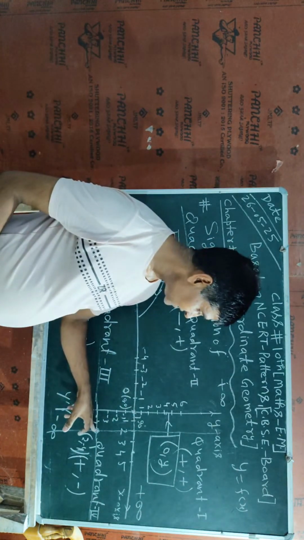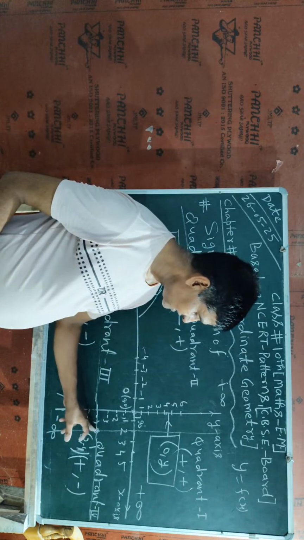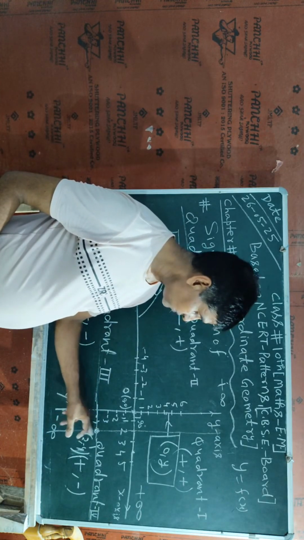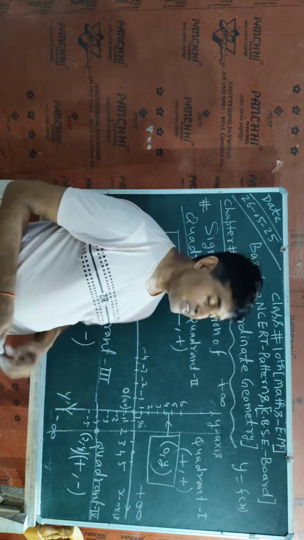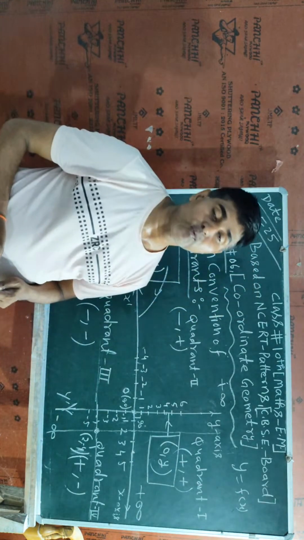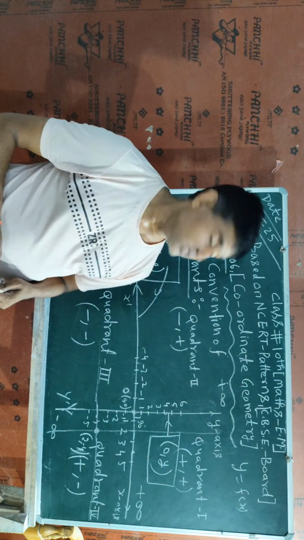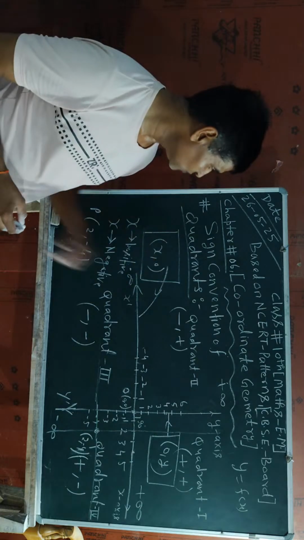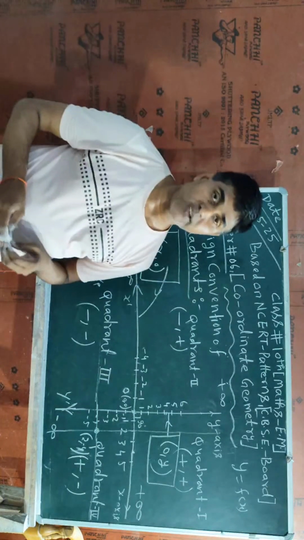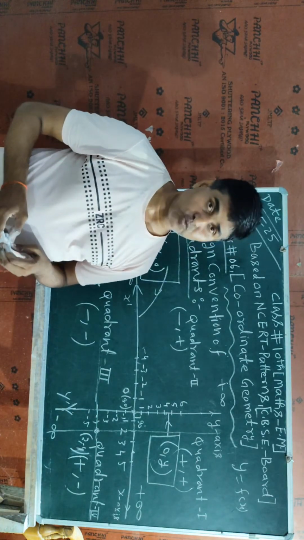The minus sign indicates that it is in the fourth quadrant. In this way, we have to know the sign convention of any coordinate point existing in the xy plane.